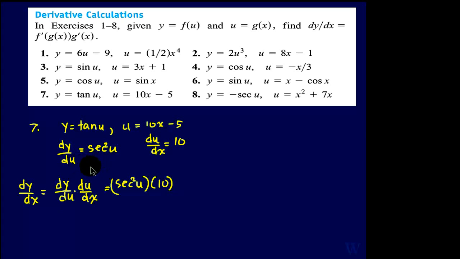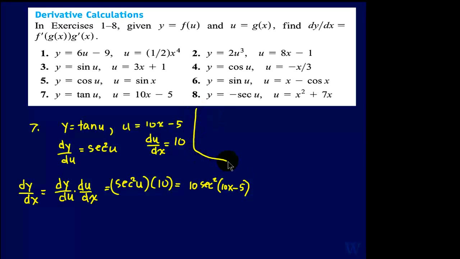Okay, that goes here, that goes there, and then we put that 10 in the front, because we always put our constant coefficients in the front, secant squared, and then go ahead and substitute 10x minus 5.